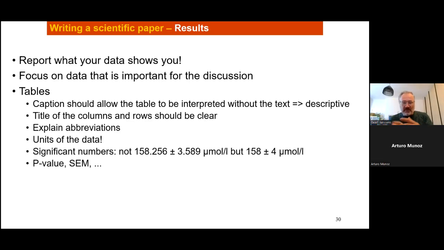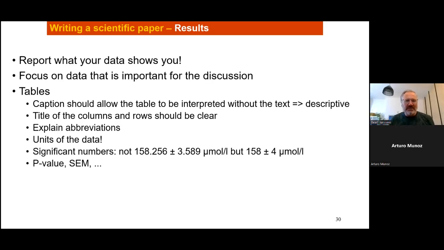To give a simple example, if you measure only 3 parameters and you want to relate them to each other, then you have 6 combinations of making graphs. But there you have to choose the one that fits your aim or hypothesis, the one you want to show. So don't show everything. Try to guide the reader towards the story you want to tell.